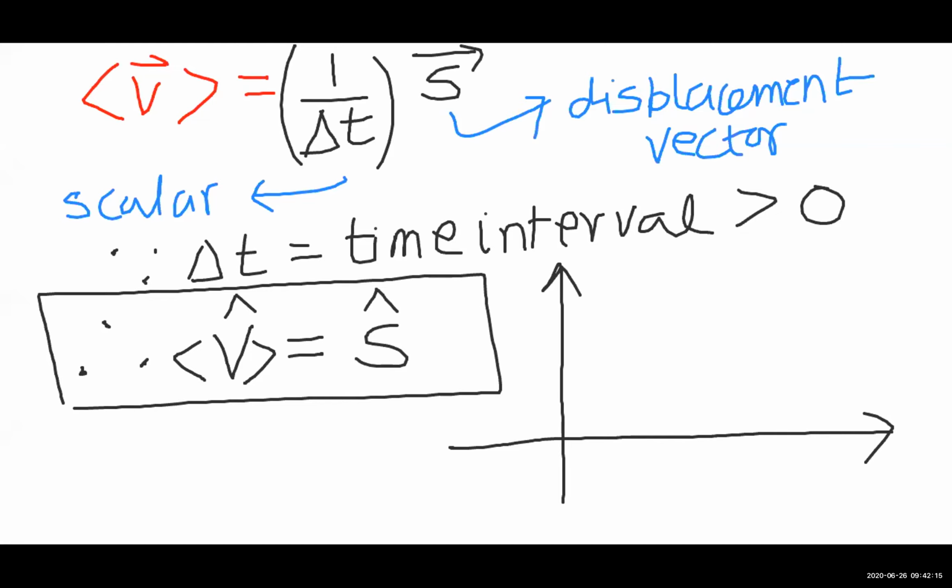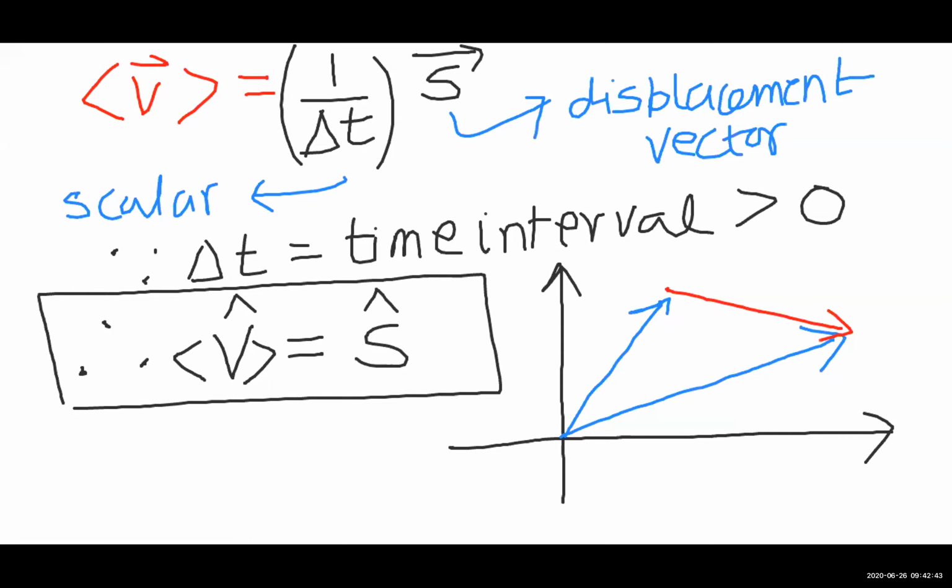Now I can draw. So if this is the initial position vector, and this is the final position vector, displacement is necessarily this red vector. And the average velocity vector must have the same direction as the red vector, but it may or may not have the same magnitude as the red vector.